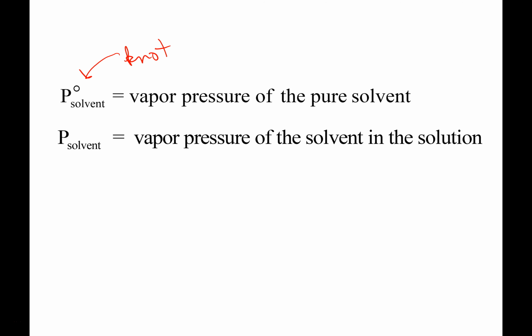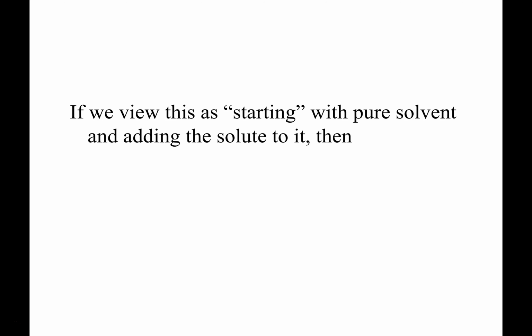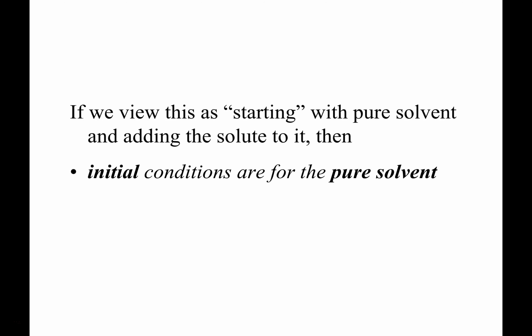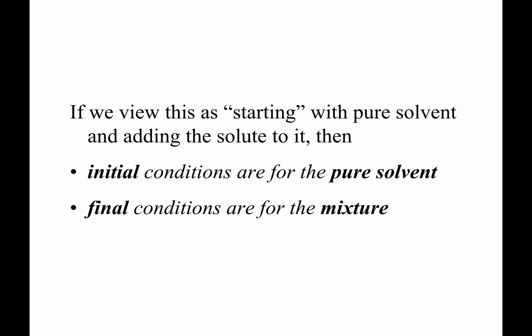Equilibrium vapor pressure lowering. All right. We've done deltas in here. Deltas are always final minus initial. In this case, the final is the solution you prepared, and the initial is the pure one. So initial conditions would be the pure solvent, the P naught, and the final is going to be your P.